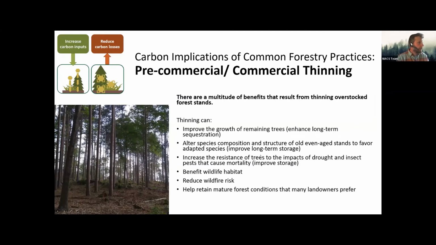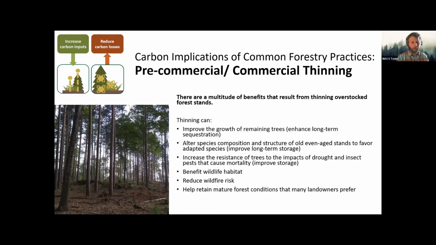So the first thing that I like to start off with is intermediate treatments, pre-commercial thinning, commercial thinning. These are things that are oftentimes done to improve the growth rates of the remaining trees, to improve the health of the stand, and as such, those actions have carbon benefits. That is sequestration.